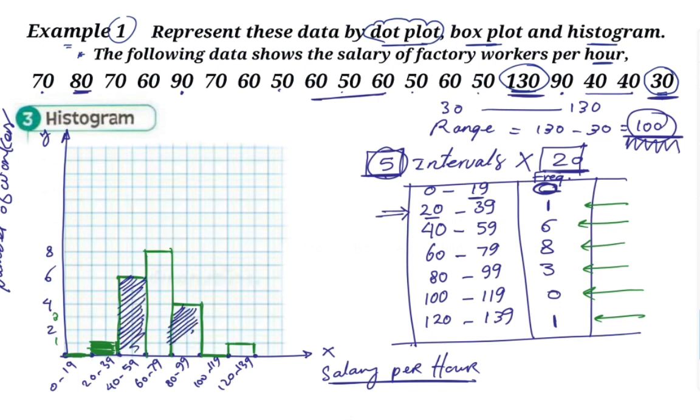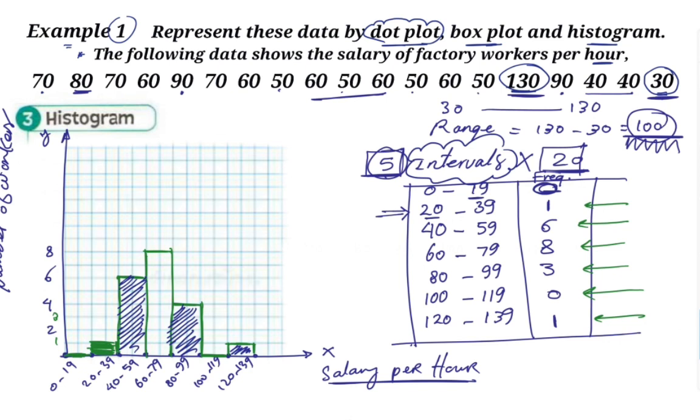Using histogram. Now, what is the important point about histogram? The important point about histogram is we draw intervals. It's important. The key word of histogram is interval. There is no individual.